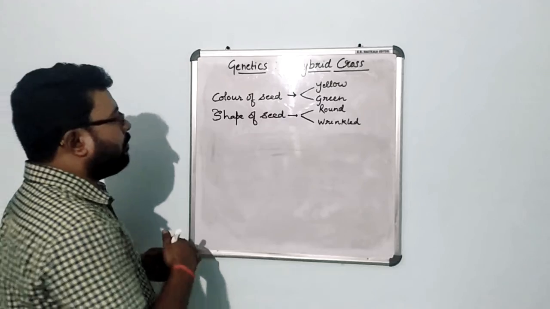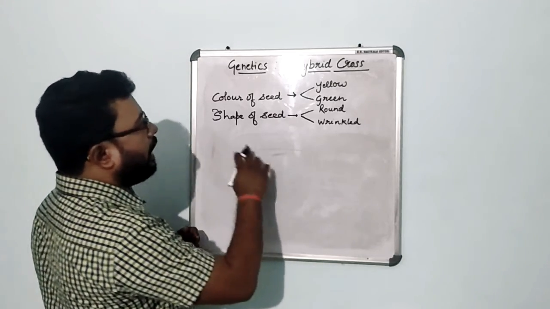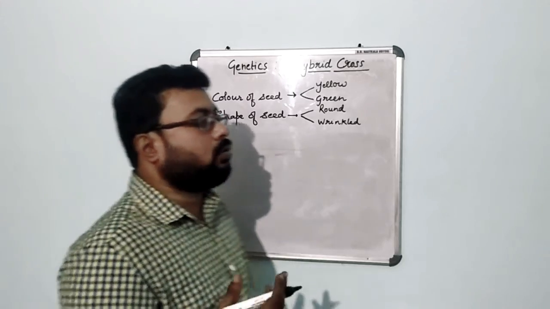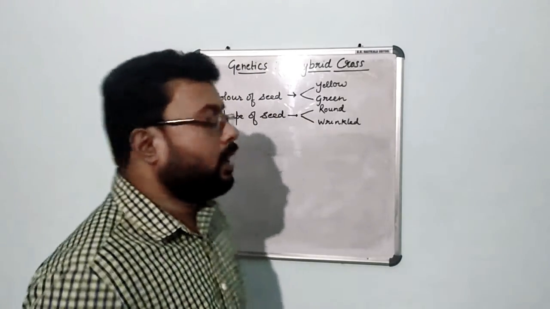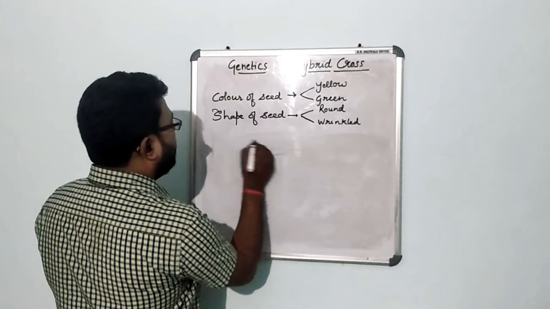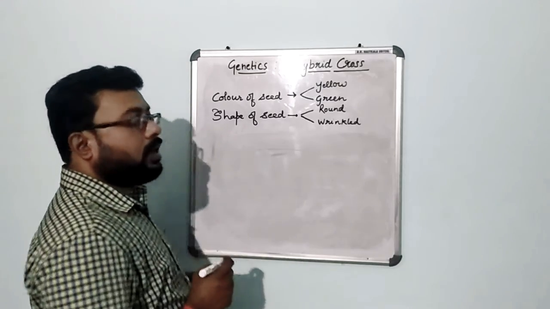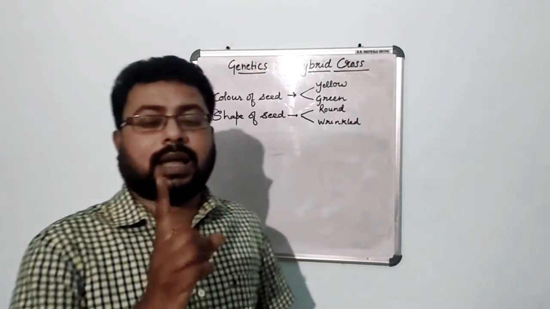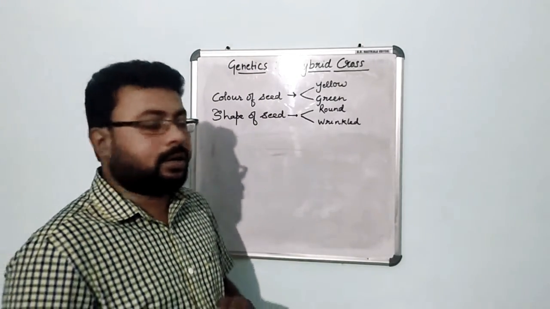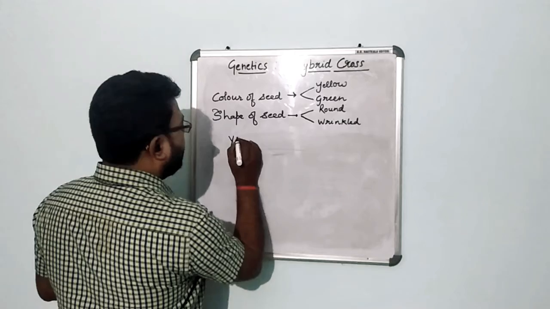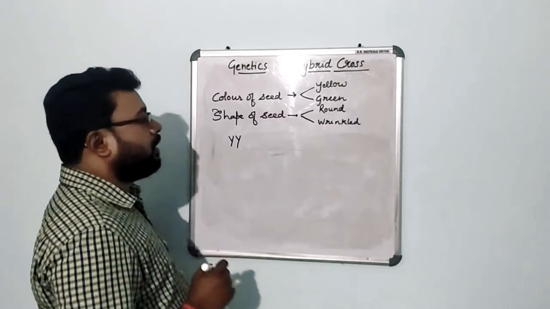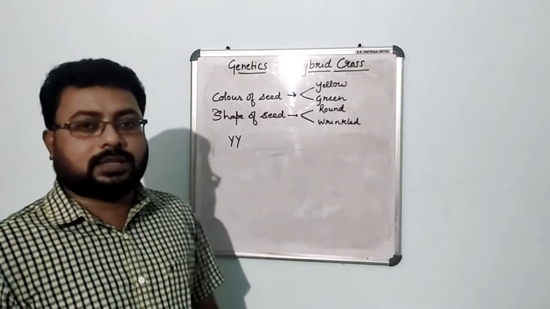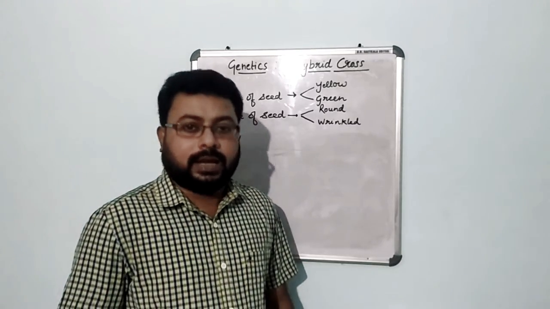So, if I am going to write yellow and wrinkled, first of all I want to write the genotype for yellow. How am I going to write it? Yellow is a dominant trait, and I told you that we have to take the first alphabet of the dominant trait. So the genotype for yellow will be written as capital Y, because there are always two alleles which exist together for a particular character.